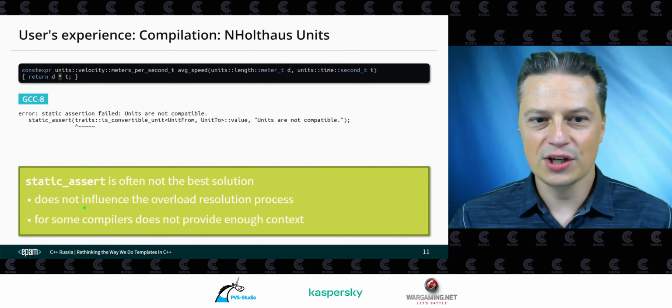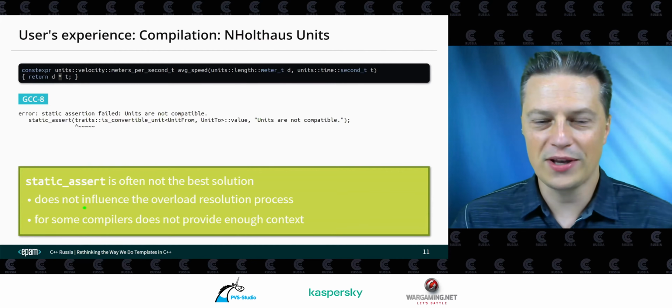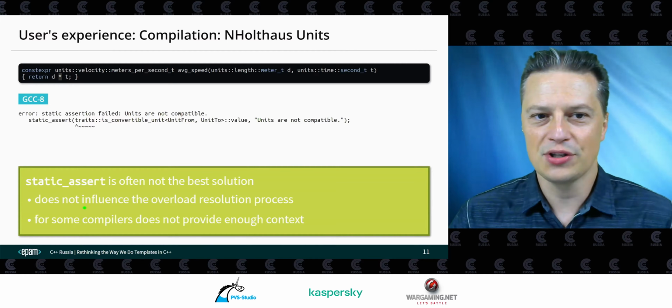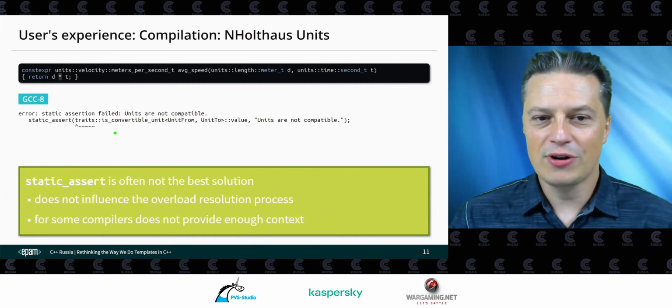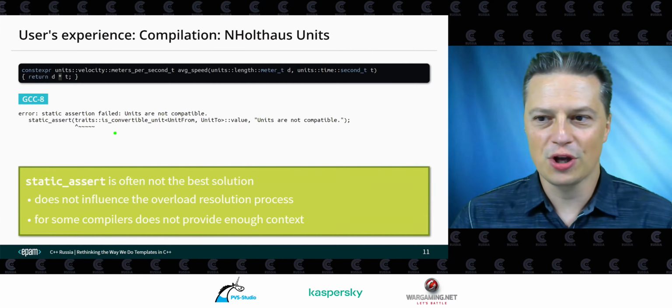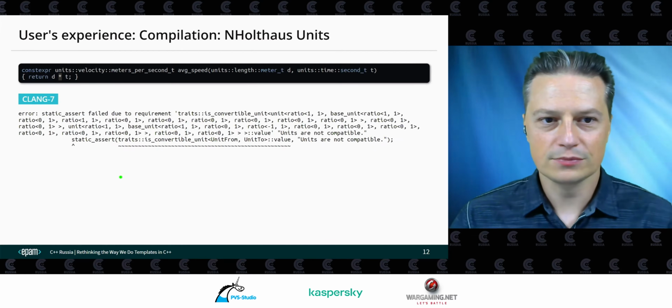First of all, static assert will never influence the overall overload resolution process, right? So if you want to exclude something or make something conditional in the overall resolution, static assert is not for you. In other cases, you can have an error like this one, but still it's not the most user-friendly one because we still don't know what happens here. Clang is a bit better.